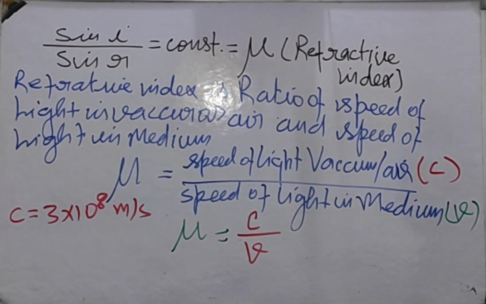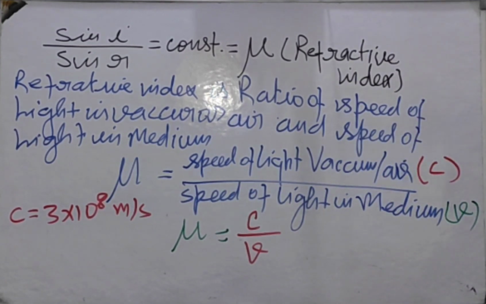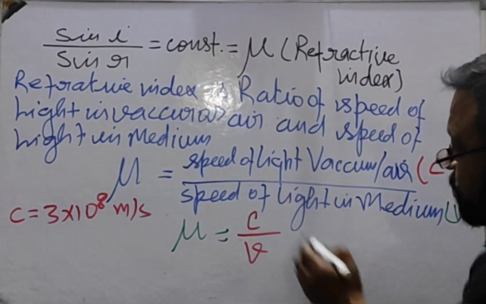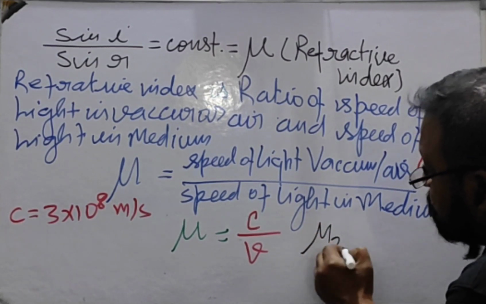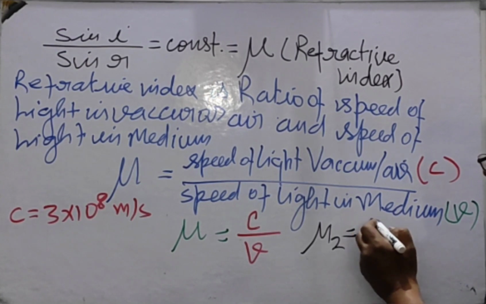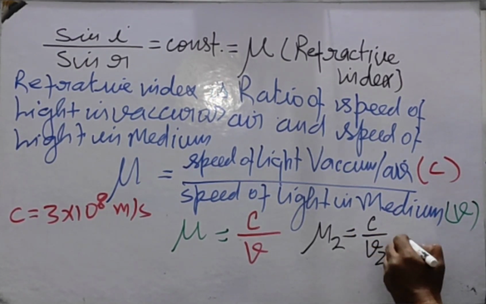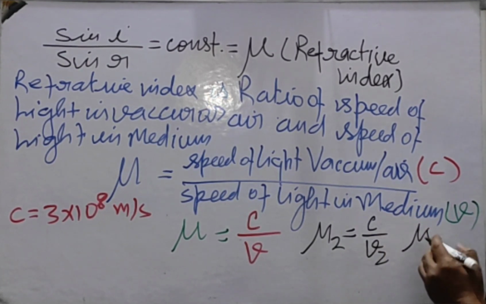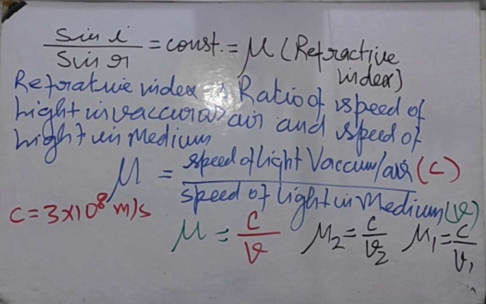So again we come, let refractive index of medium 2 be equal to c upon v2, and refractive index of medium 1 be equal to c upon v1, right? What did you write?